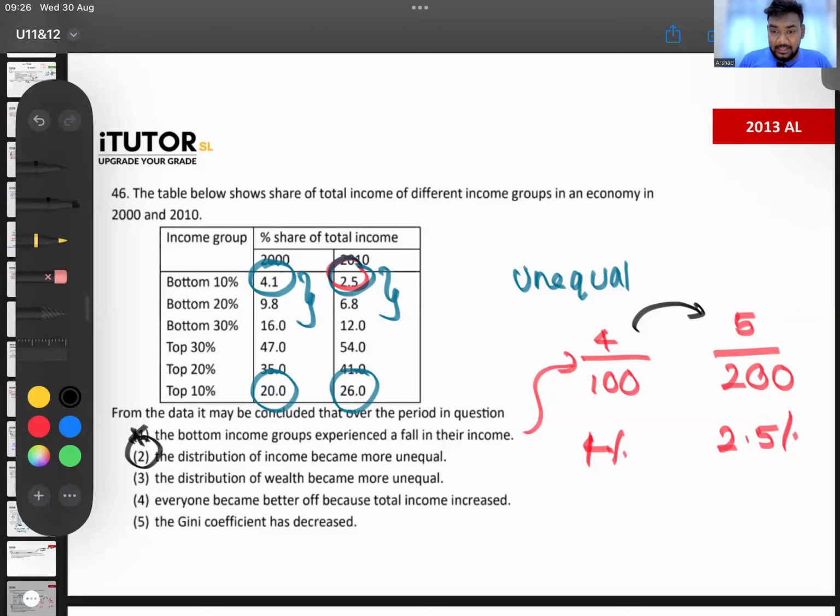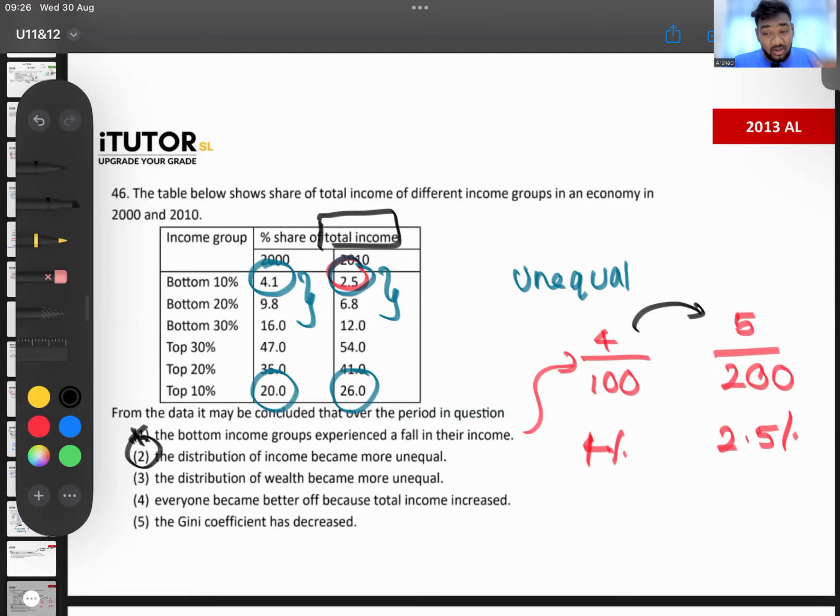Okay. The denominator doesn't have to be 100, right? I just gave a basic example. Distribution of wealth has become unequal. By looking at the total share of income, can you comment on wealth? Wealth is not income, right? Wealth and income are different. For example, if I ask you what is your income, you will say, sir, my father and I earn 100,000 for a month. That's our income.